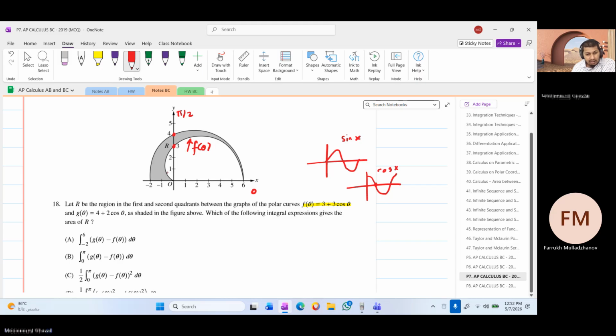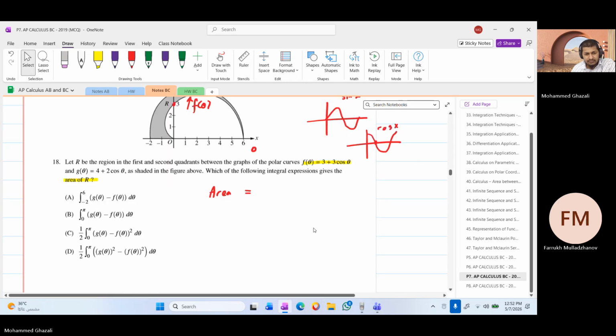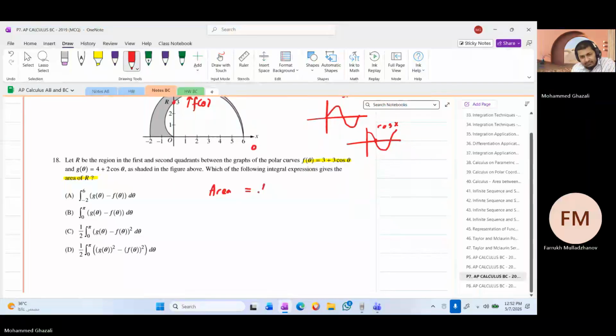Which of the following integral expressions gives the area of R? To find the area of R, it's very easy. Area is equal to half the integral from a to b of R outer squared minus R inner squared d theta.